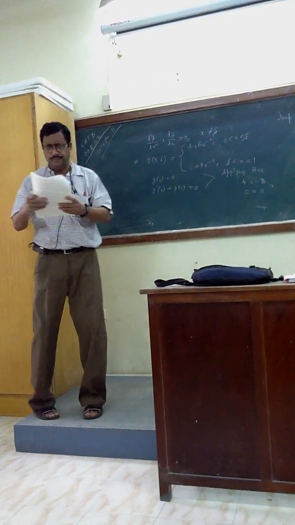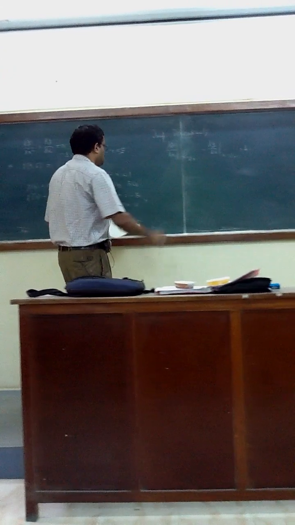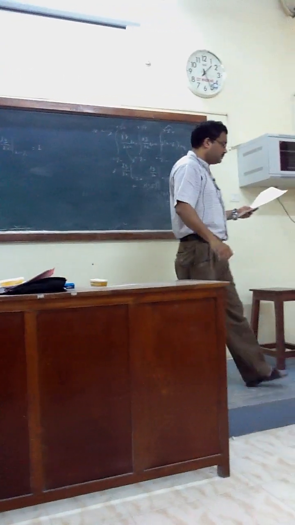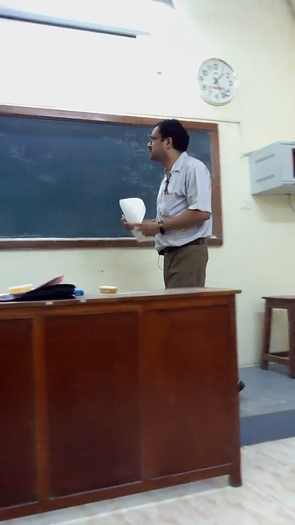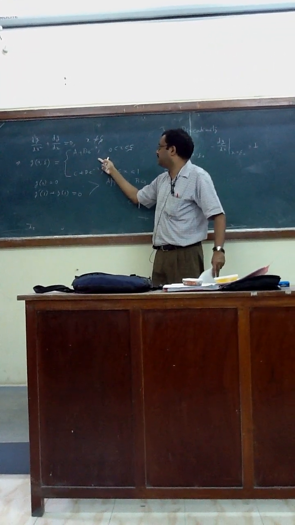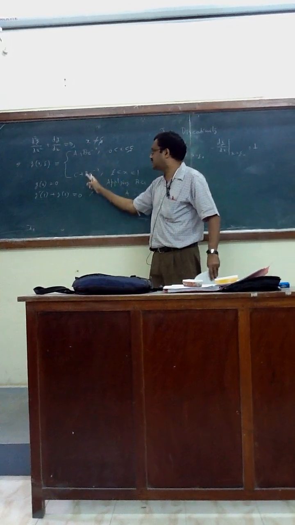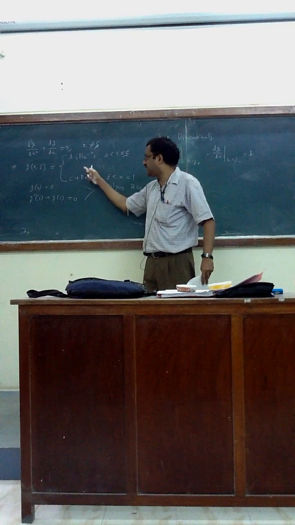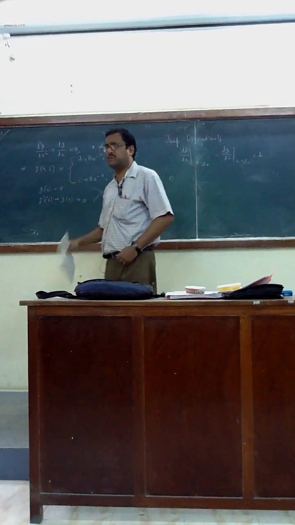How much are you getting? If you apply this, you take the derivative first. What will you get? Minus b to the minus x, minus d to the minus x. Then at x equals z, no x will be there, only z.